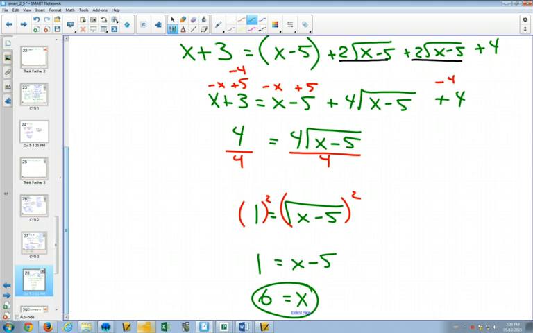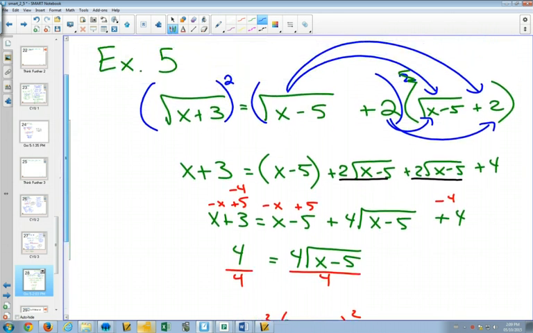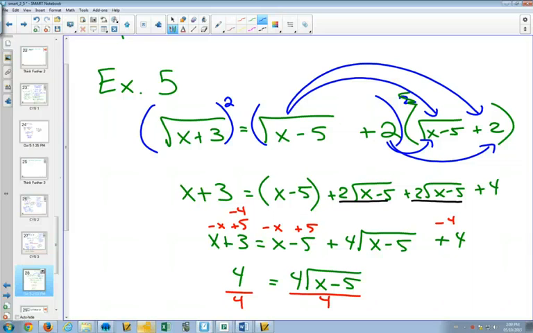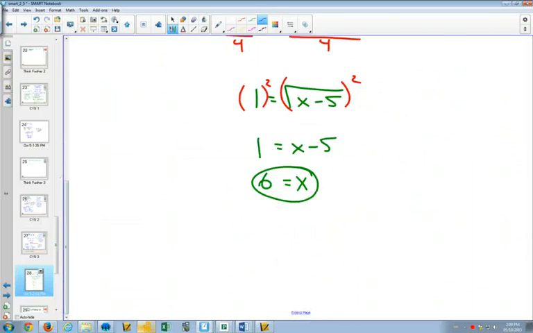We're going to verify it just using some mental math. Okay, let's go back to our original equation. I'll write it out again here. Original equation had the left side as root x plus 3.